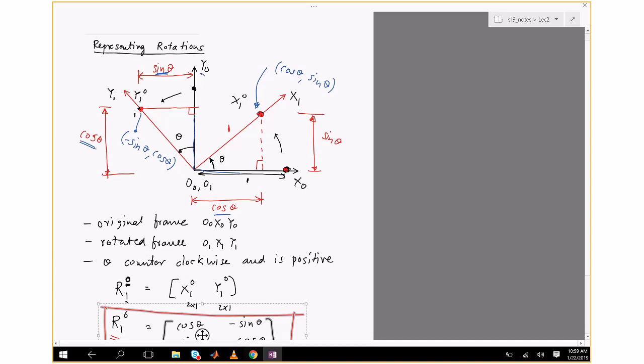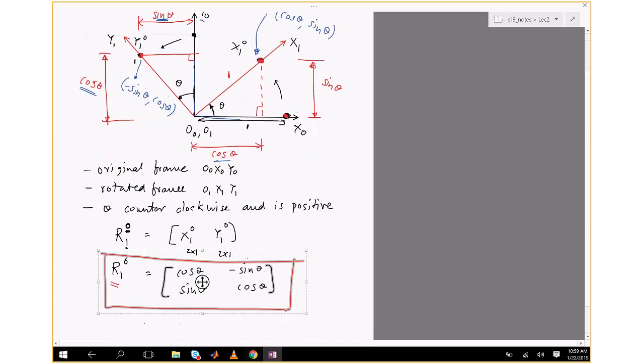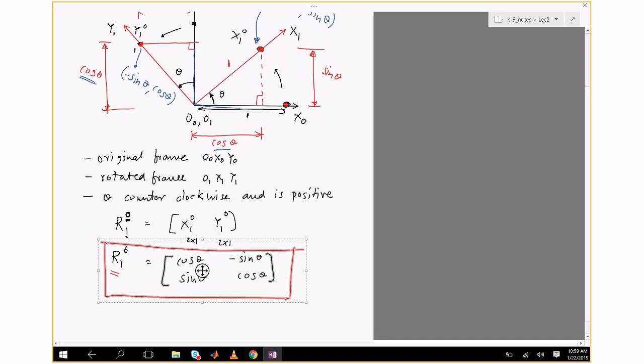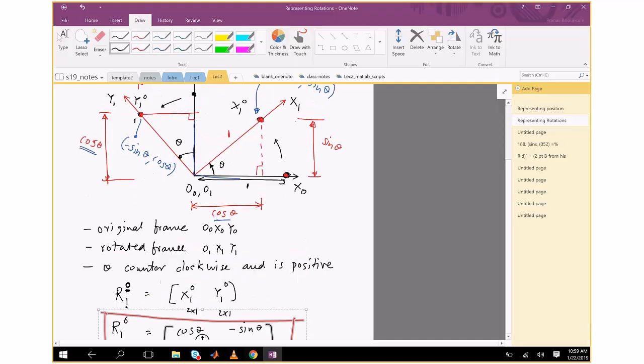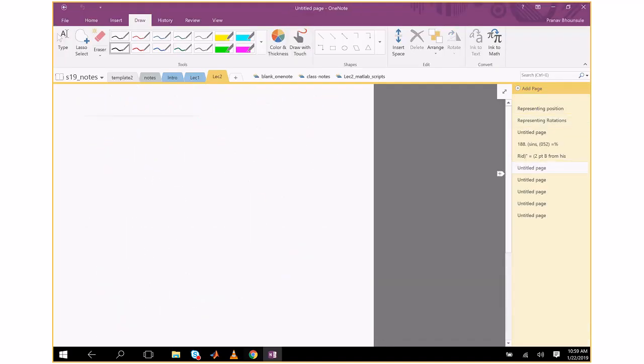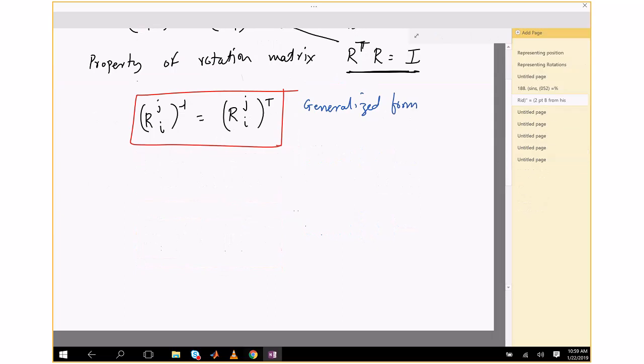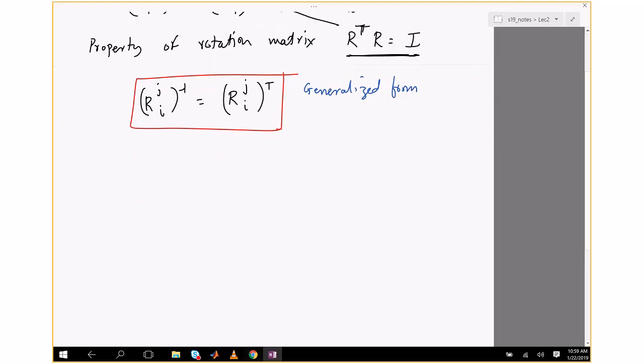So the standard form for writing a 3x3 matrix when you have rotation about the z-axis is you've got to just append 1, 0, 0, 1. I'll just write it down. So what I have shown is in fact a 3-dimension rotation. So I'm going to write down 3D rotations. All the rotations are 3D, at least in this course. So R10, what I wrote down is actually this: cosine theta, minus sine theta.